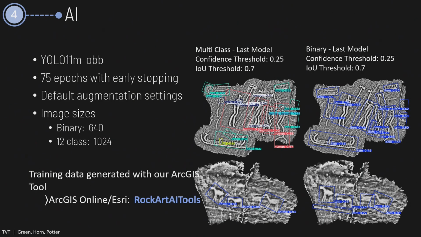We trained a binary model: is it rock art, is it not rock art? And then we trained a multi-class model, which includes everything from humans, animals, weapons, and wheeled transport, which is usually wagons, and basically everything but cut marks because we have so many of them.